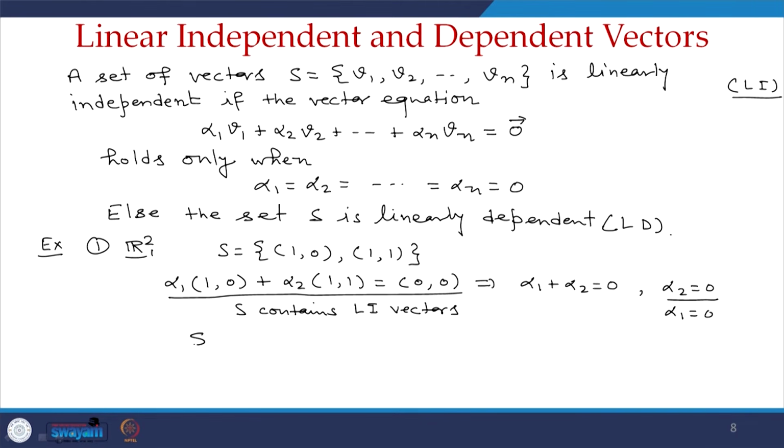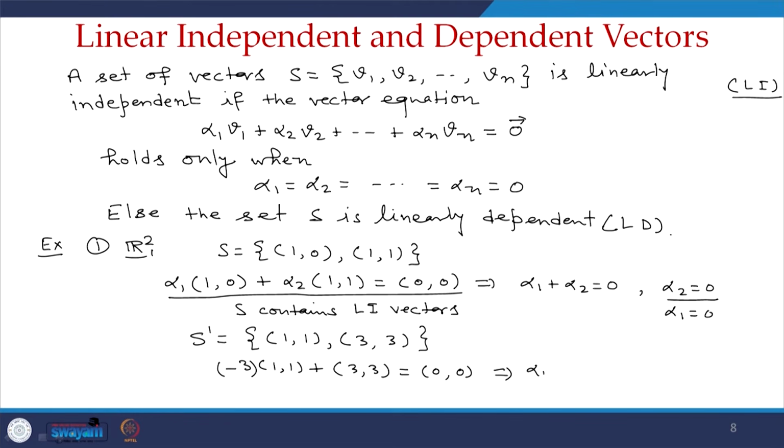On the other hand, if I take another set S dash which has vectors (1, 1) and (3, 3), then minus 3 times (1, 1) plus (3, 3) comes out to be (0, 0).